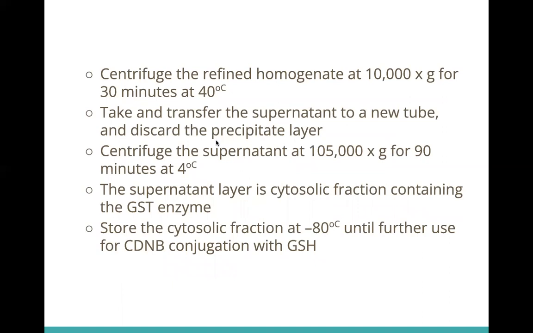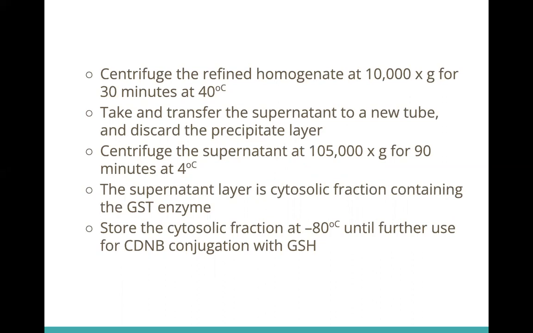Take and transfer the supernatant to a new tube and discard the precipitate layer, and centrifuge the supernatant at 105,000 g for 90 minutes at 4 degrees. It's like several steps of centrifugation to take the GST enzyme. And the supernatant layer is the cytosolic fraction containing the GST enzyme, as I already explained before.